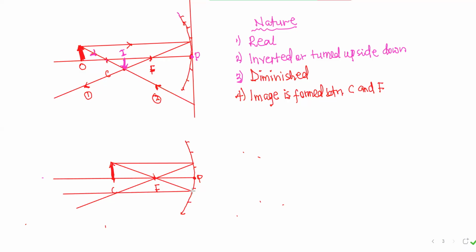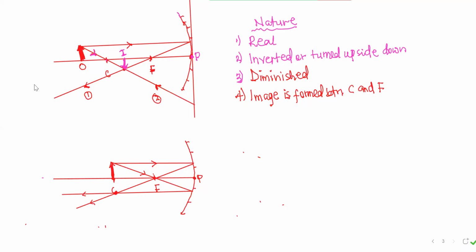You must please ensure that your ray is actually parallel. If it's not, it will affect the position of the image. So incident ray, reflected ray; incident ray, reflected ray. And the two reflected rays are actually intersecting here.